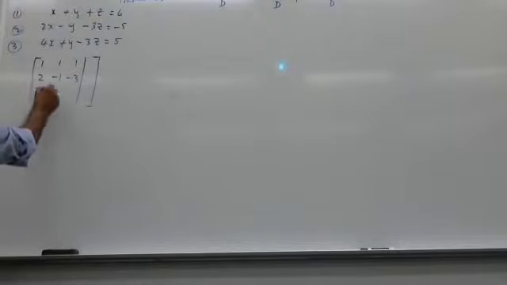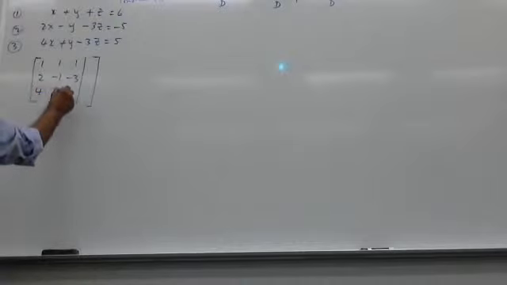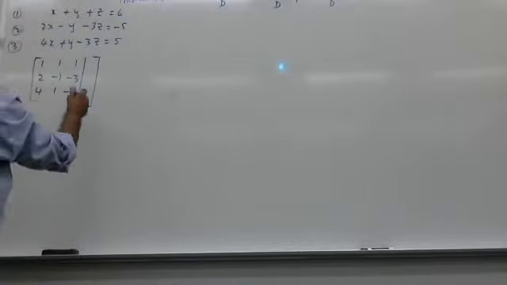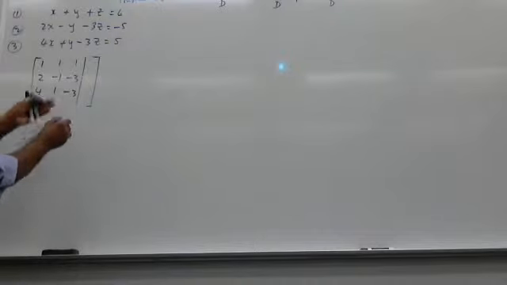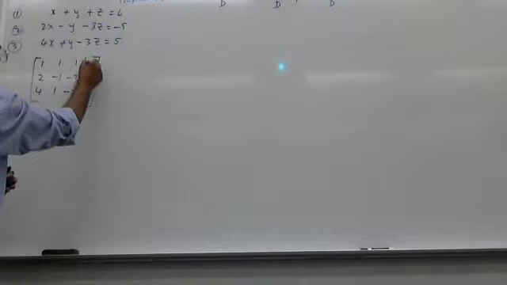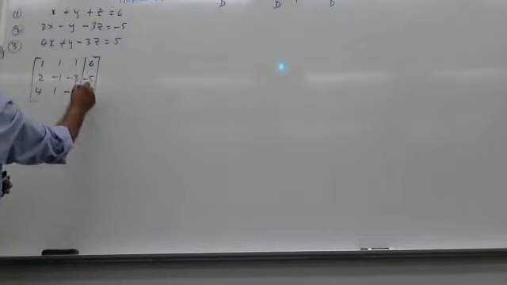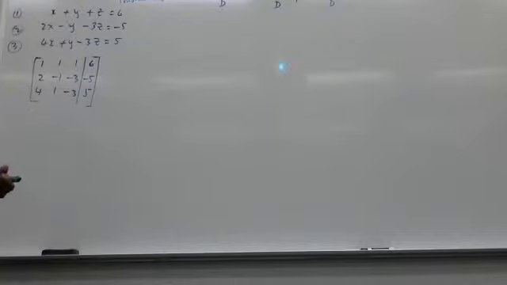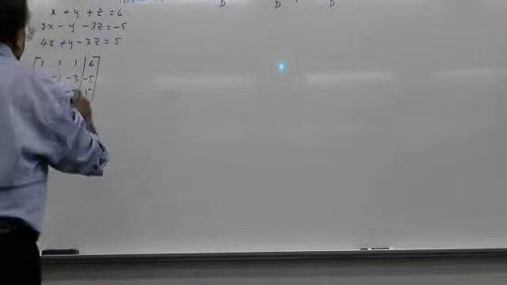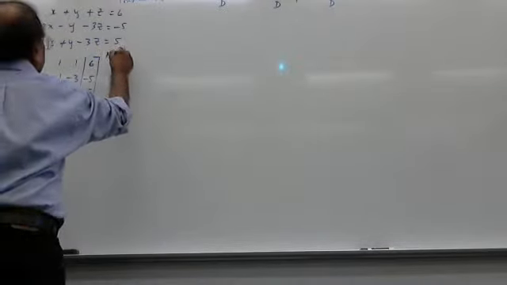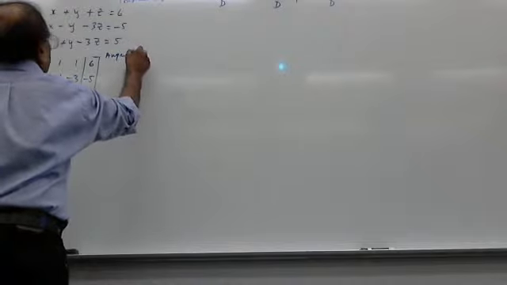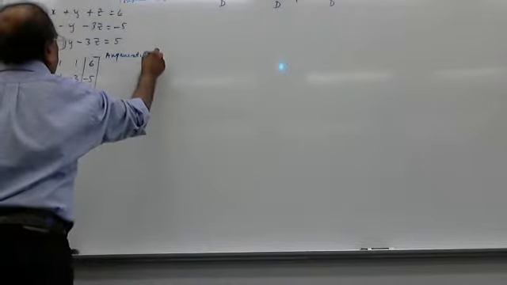I have 4 for x, 1 and minus 3 for z. And I put to the right of this vertical bar 6, minus 5 and 5 here. And what I have formed here, class, is what we call the augmented matrix.